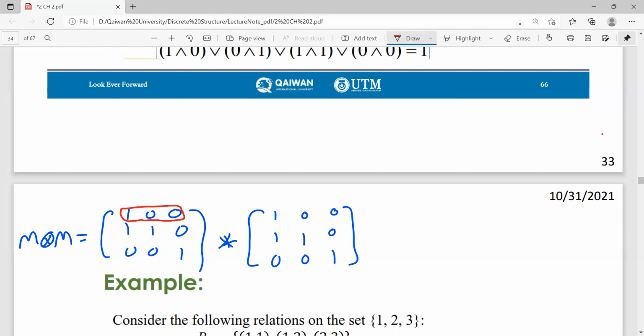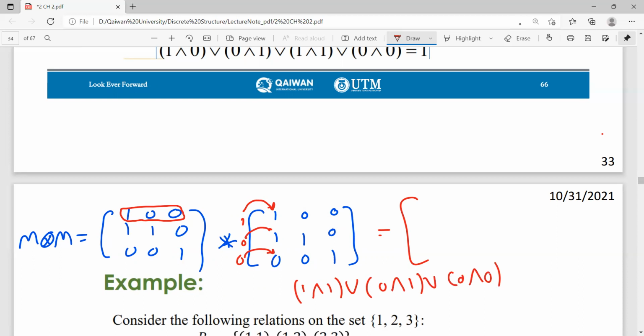The first row of the first matrix is 1 0 0, against the first column. We don't say 1 times 1, we say 1 and 1, or 0 and 1, or 0 and 0. And 0 and 0 is still 0.